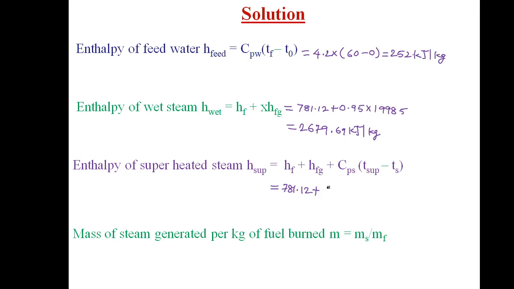When steam comes out of the boiler as superheated steam, we can use this formula: 781.12 + 1998.5 + specific heat of steam 2.1 times the temperature of superheated steam, that is steam coming out of the boiler at 203 degrees Celsius, minus the saturation temperature, 184.07. This data we have to take from the steam table.